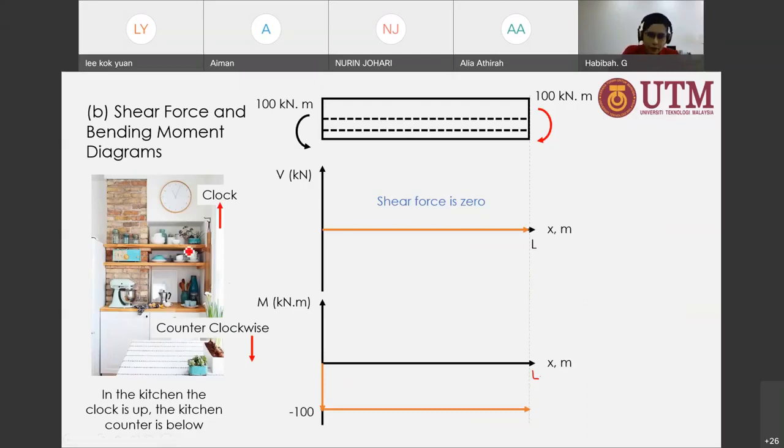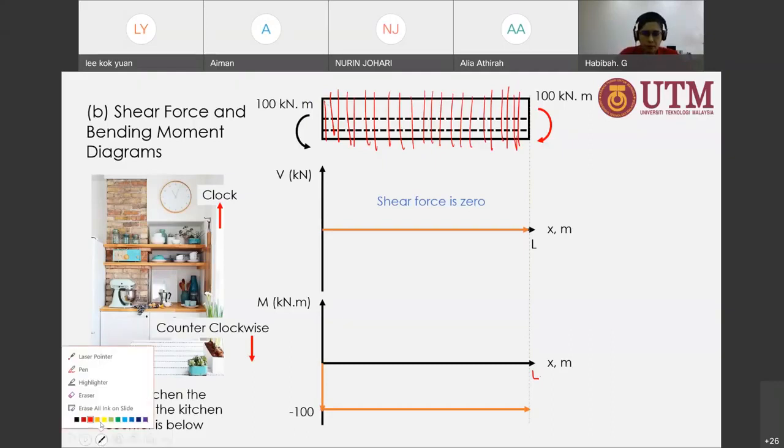If I do the method of section for a very small element, I can reveal that the internal bending moment is negative 100 kilonewton meter. So that is what the bending moment diagram is all about.